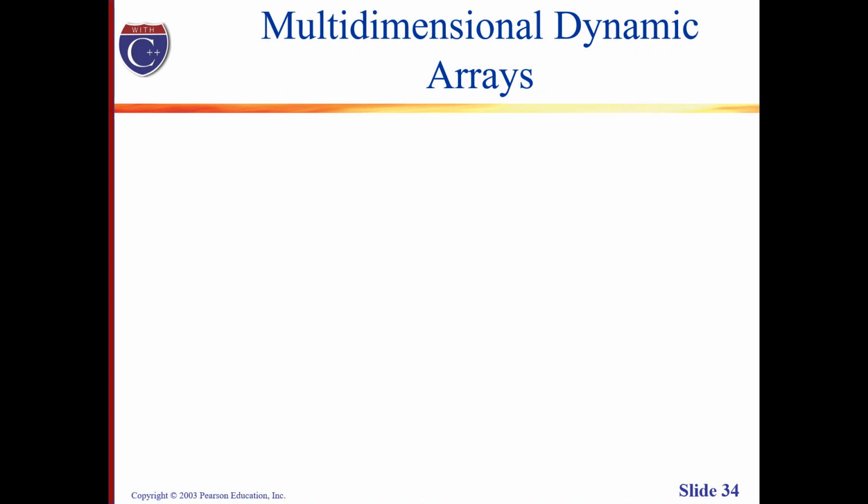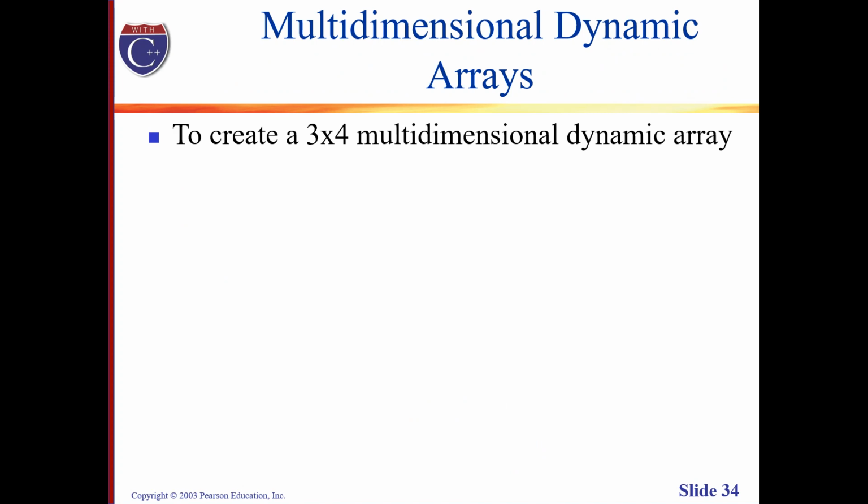We can also use multi-dimensional dynamic arrays. Of course, in the previous lessons we were able to know what multi-dimensional arrays are, and we can also do the same using dynamic arrays.